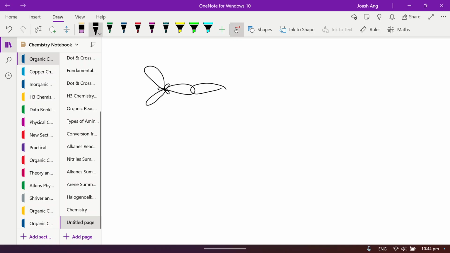So you can see that I'm drawing the hybrid orbitals, the sp2 hybrid orbitals. And then I'll draw the p orbital.